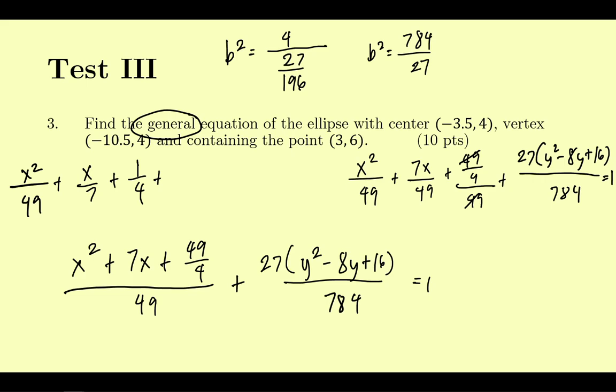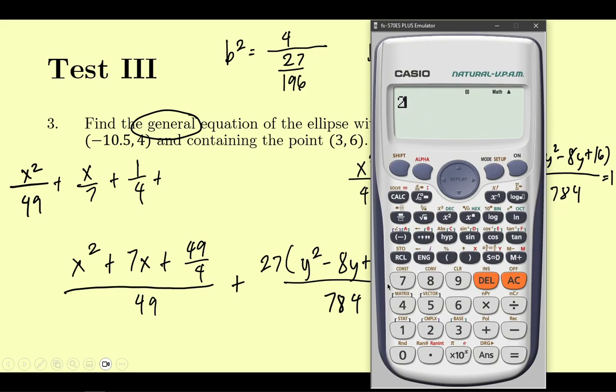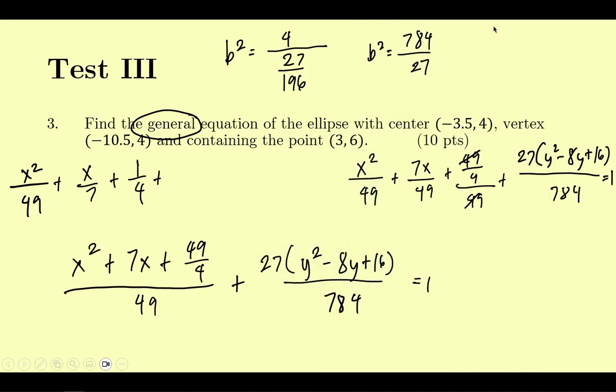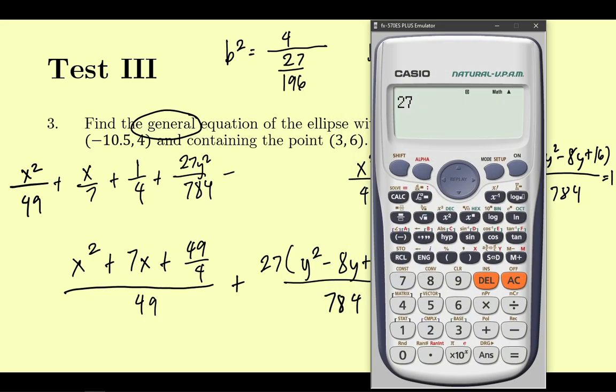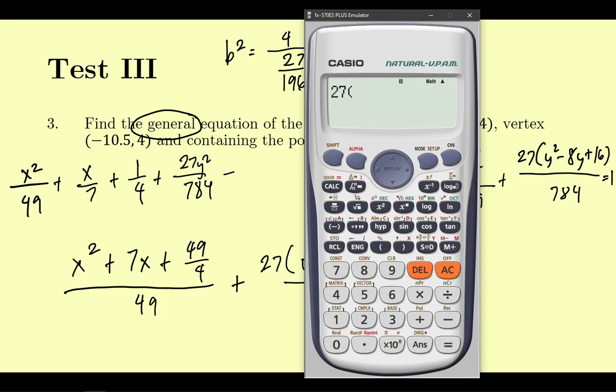27 over 784. Can we simplify that one? No, that's the simplest one. So, magiging 27y squared over 784 minus, ito kaya, 27 times negative 8 over 784.